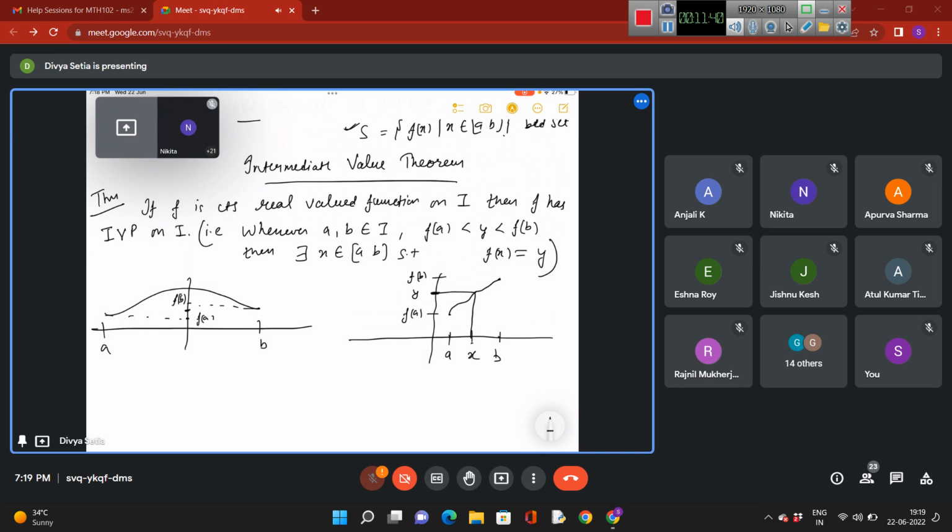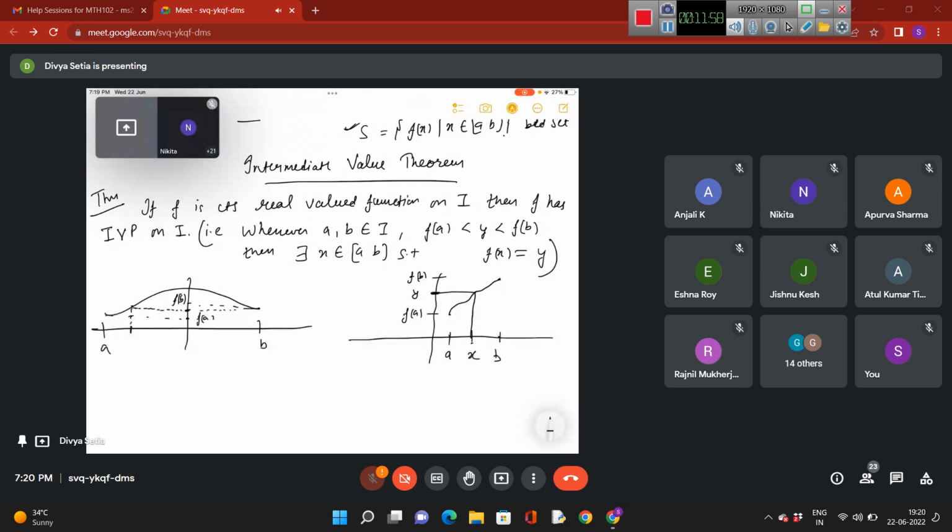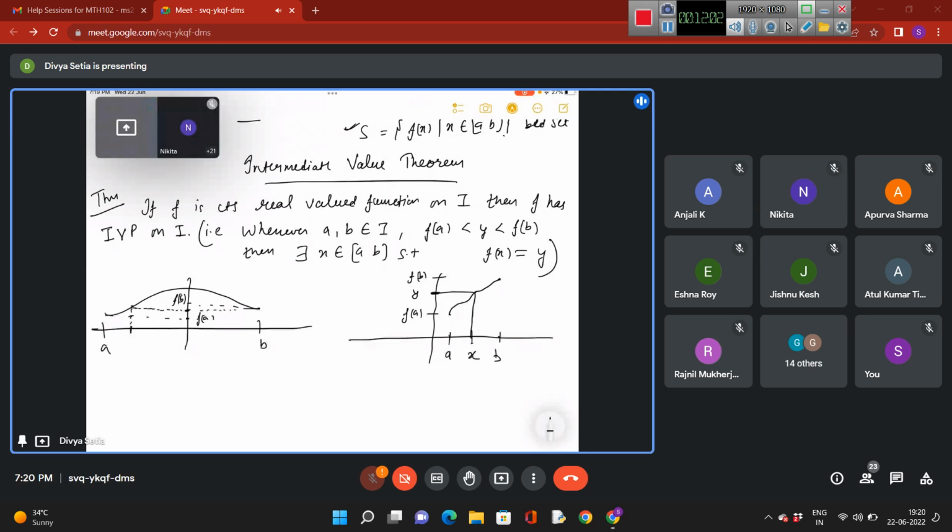So this has a pre-image, at least one, not two. It will just have one because f of b is above. So there exists a point x here which will become the pre-image of your y.